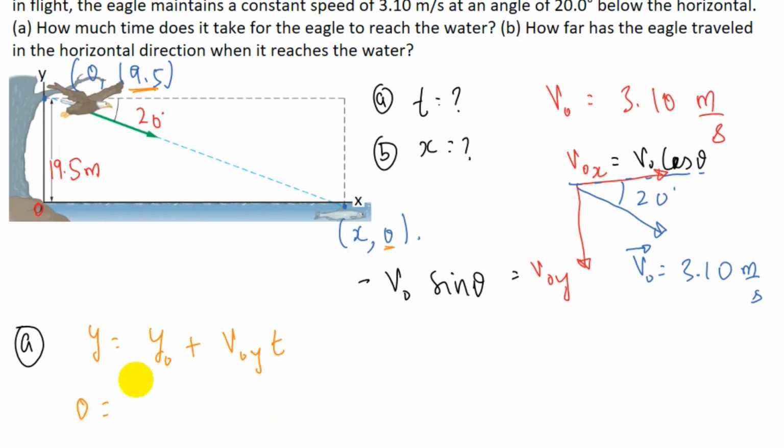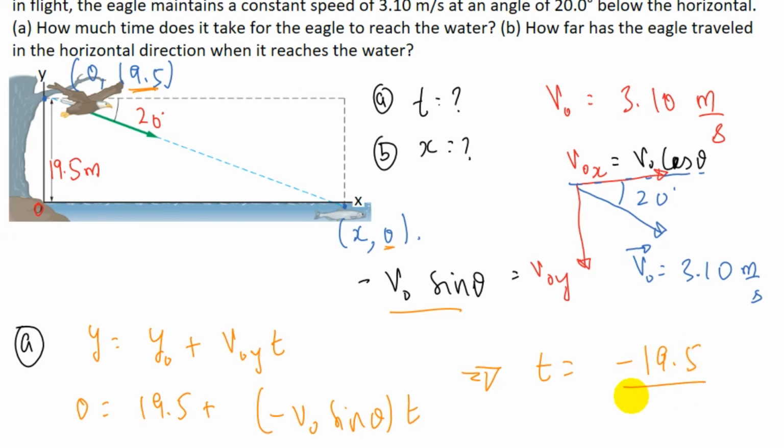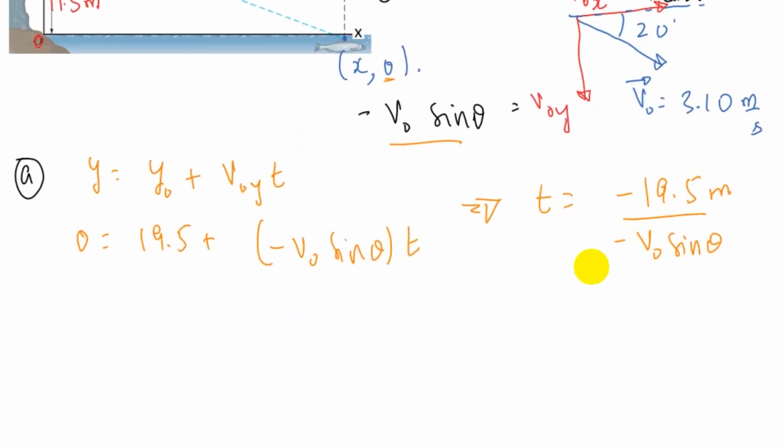y is 0, y naught is 19.5 plus v naught y, we have this value minus v naught sine theta multiplied with t. Now from here we can write that this t will be equal to minus 19.5 divided by minus v naught sine theta, and this is in meter. Now we can put the values.